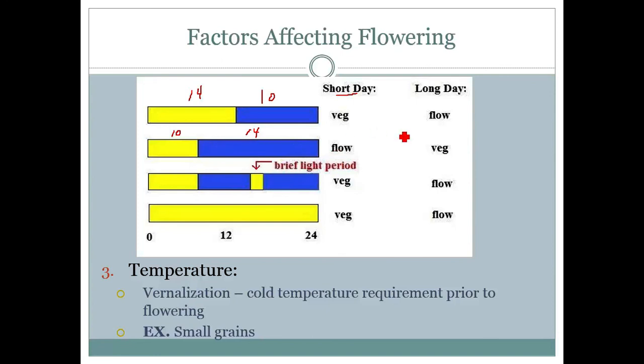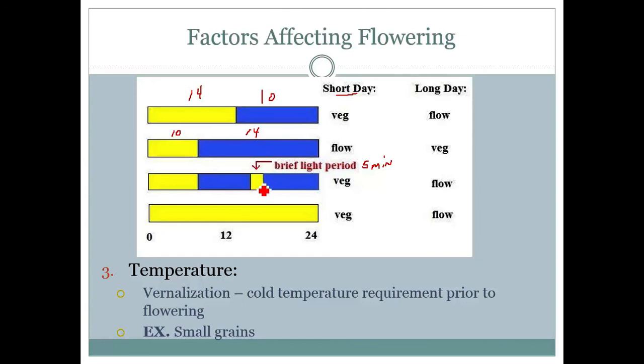Now, at the same time, if we take a short day plant and just expose it to this same light regime, it's getting a short day here. Now it's getting a brief, let's say 5 minutes, very brief, 5 minutes of daylight here.